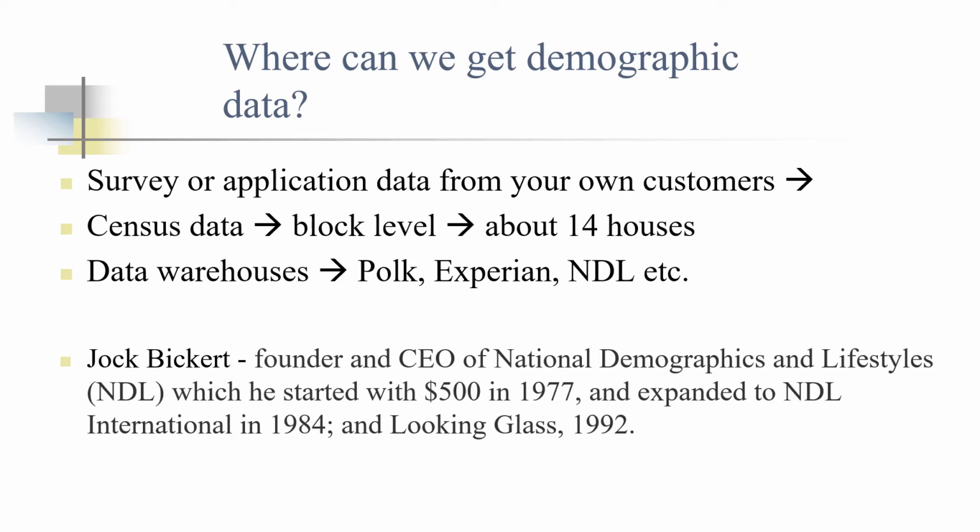So where can we get demographic data? Well, we can survey individuals or try to get that information on an application when we first make our first purchase with these people. An example of this, for instance, would be casinos in Nevada are required to copy your driver's license.